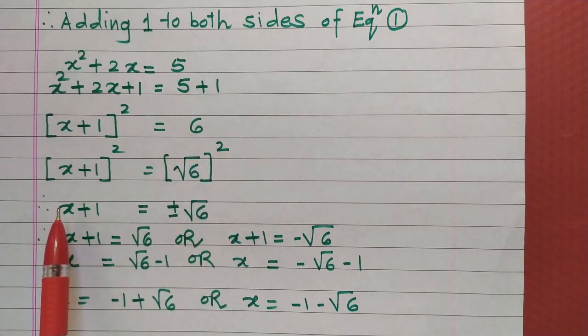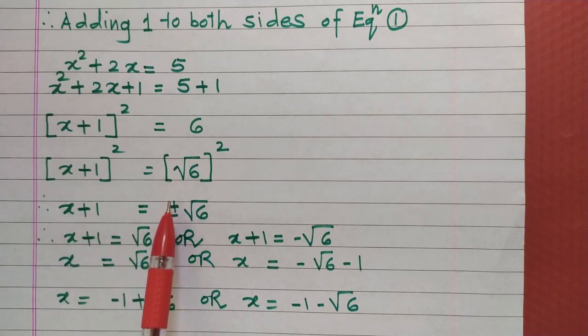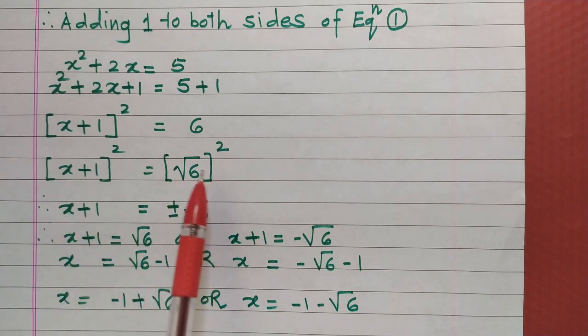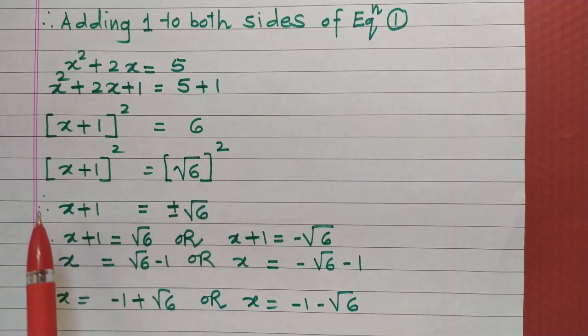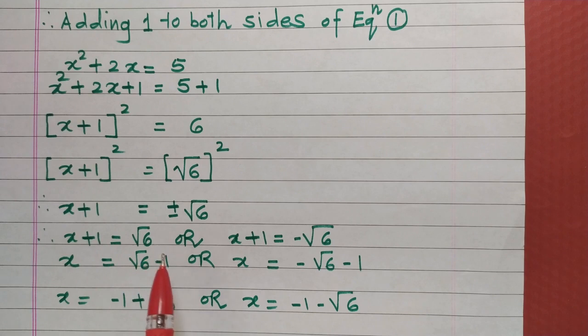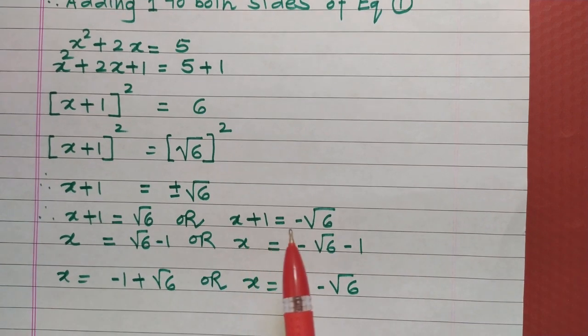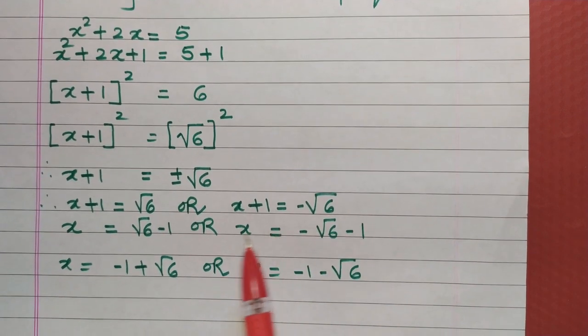So after taking square root, what do we have? x plus 1 is equal to either plus or minus under root 6. Therefore, x plus 1 is equal to plus root 6, or x plus 1 is equal to minus root 6.